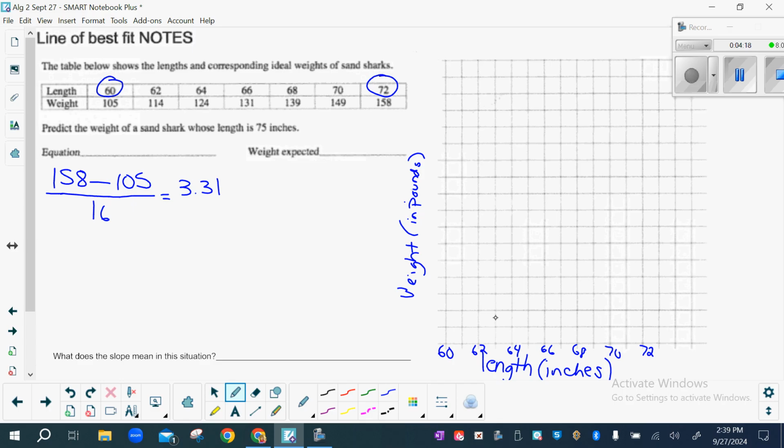So let's start with the lowest number, which is 105. And going by threes, it's easier if I label all of them.